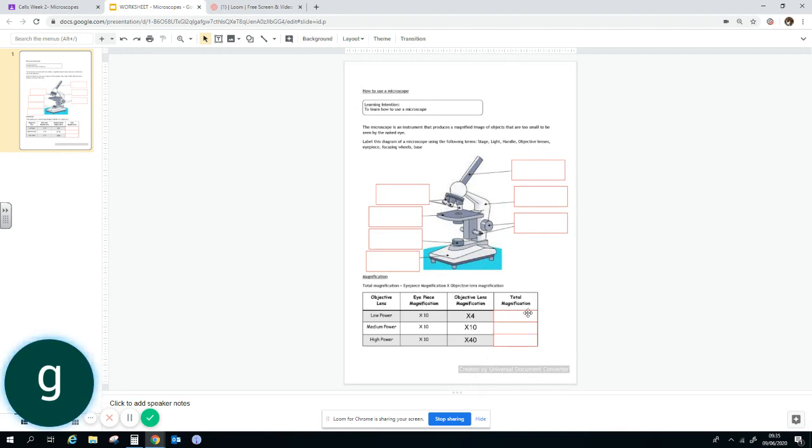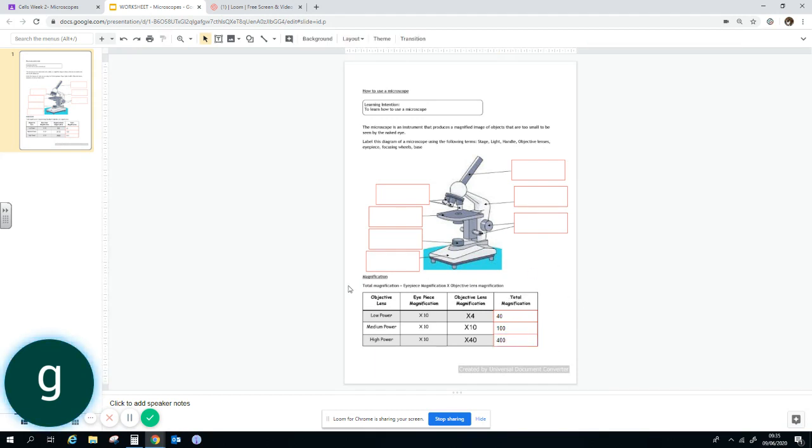So to find the total magnification, we take the eyepiece magnification and then the objective lens magnification that we've picked. So times 10 times 4 gives you times 40. The next one, times 10 and times 10, gives you 100 times magnification. And the last one, times 10 and times 40, gives you 400 times magnification.